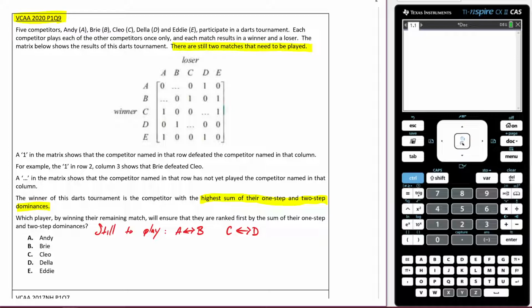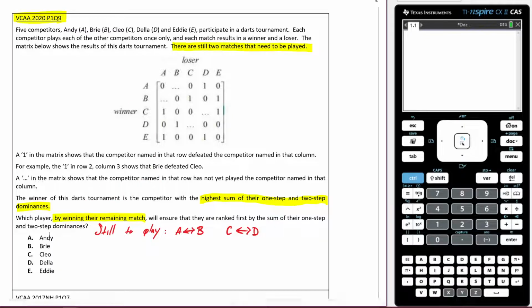So we're going to have to figure out the 1-step and 2-step dominance here. All right, let's read the last part here. Which player, by winning their remaining match, will ensure they're ranked first by the sum of their 1- and 2-step dominances? So by winning their match, which player can ensure that they're definitely going to win here? So that's what we need to consider.